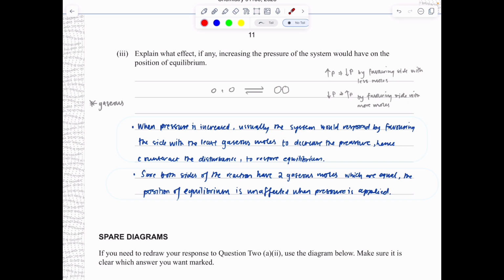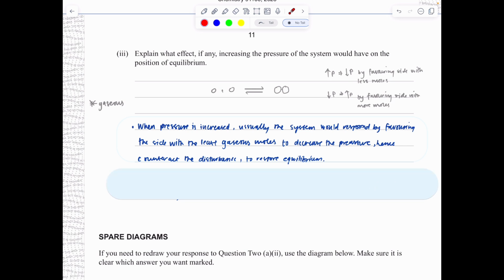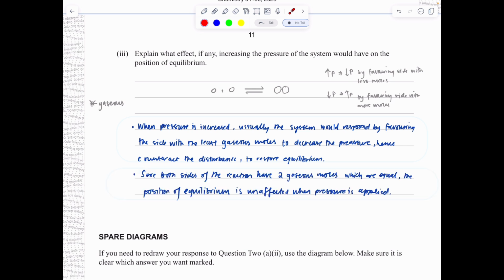But, more in context to the question, since both sides of the reaction have 2 gaseous moles, which are equal on either side, the position of equilibrium is unaffected when pressure is applied or added to the system.